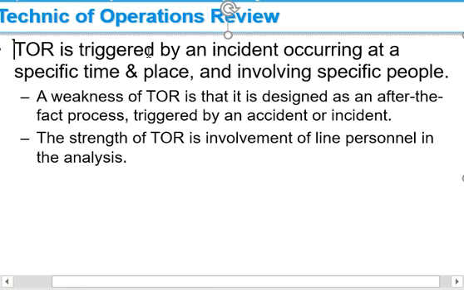For the hazard analysis, I do it ahead of time, before the process. For human error analysis, I can do it before or while the operator is doing his job. But for the last one, the TOR, it's triggered after the incident has happened. And then I do my study analysis and see where the weaknesses are and where the strengths are.